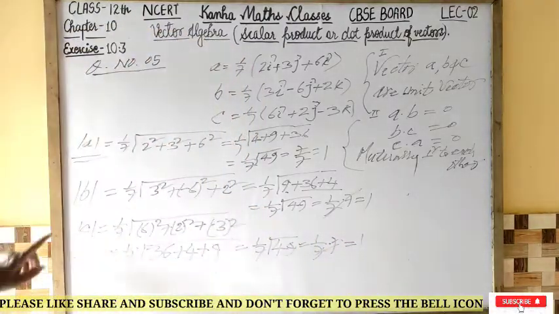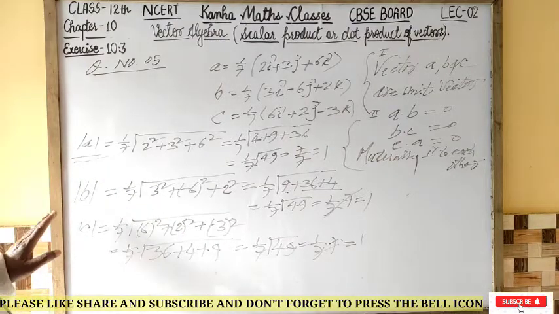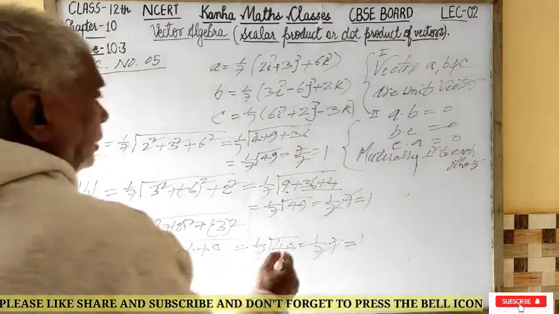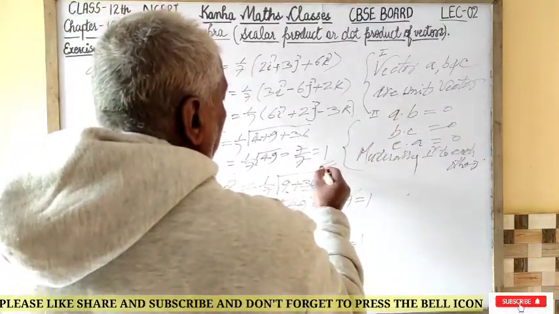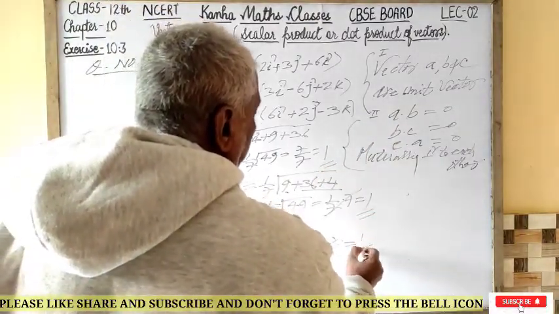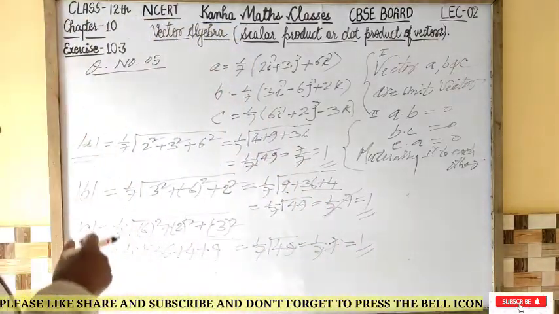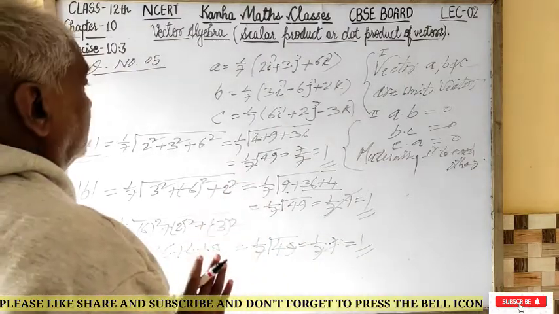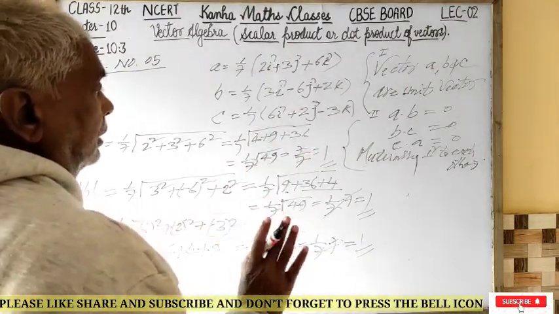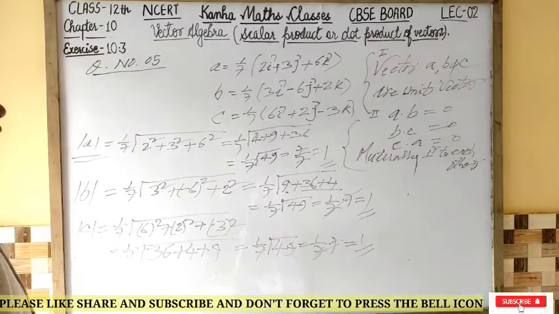Clearly, we observe that mod of vectors A, B and C are all 1, so all three are unit vectors. Unit vector means the magnitude is 1. The first part holds good.